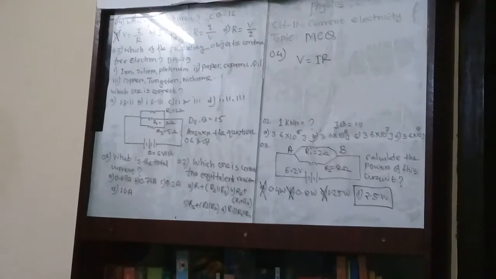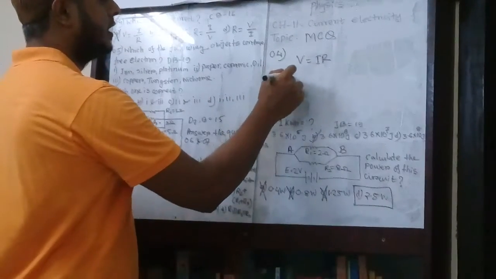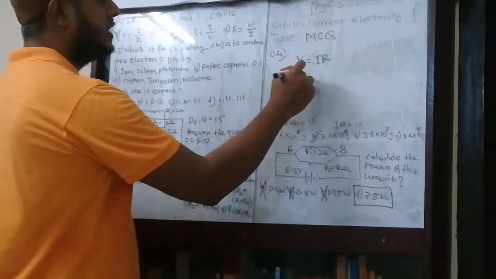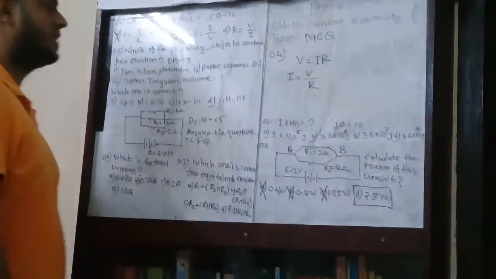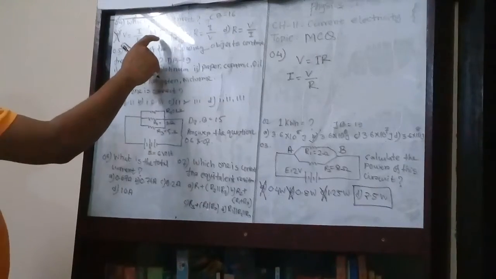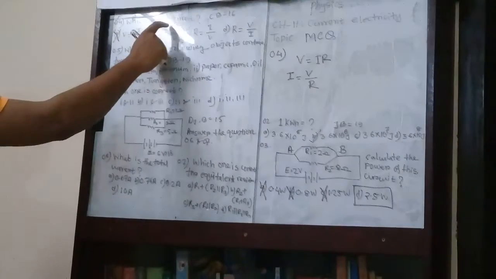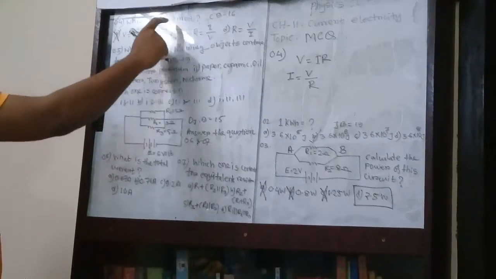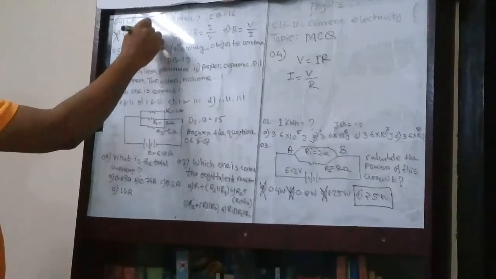Now option B. If you find the value of I, then I will equal V divided by R. But here I equals R divided by V, so R divided by V is a wrong option.